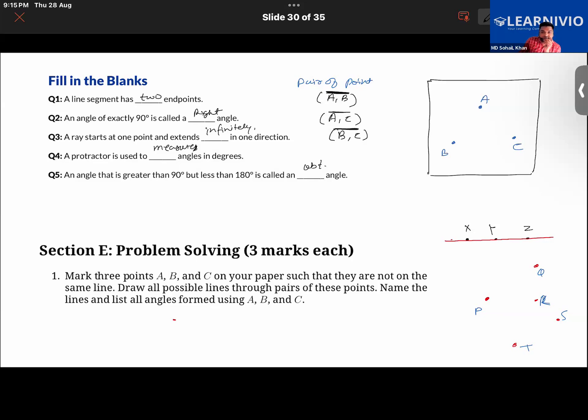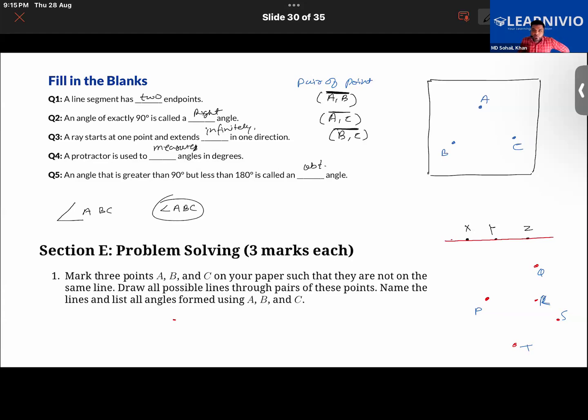Please use a scale now. And whenever we have to do some construction work, please use a pen. Okay, Laksh? Also, the symbol of angle, don't make it so big. Just a tiny one will work, like this: angle ABC.